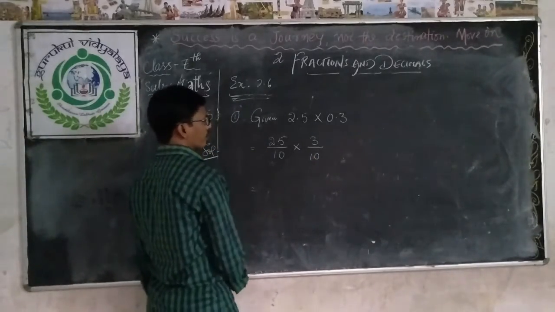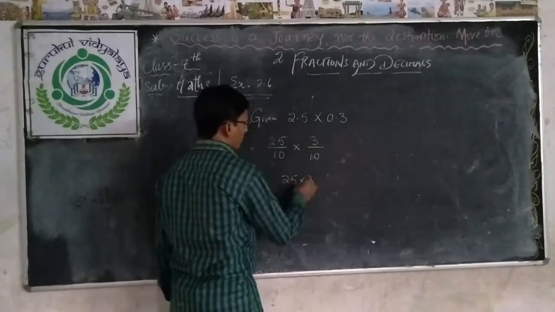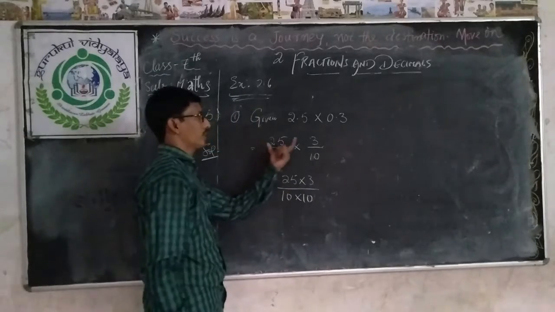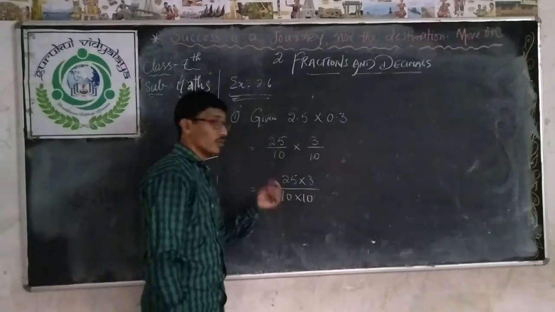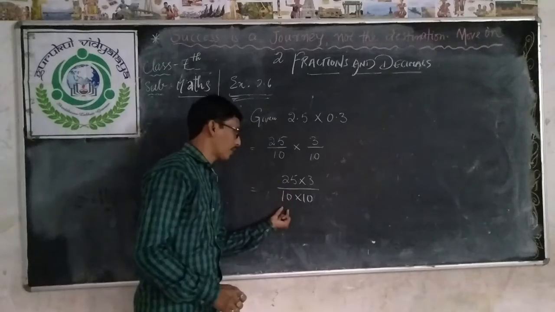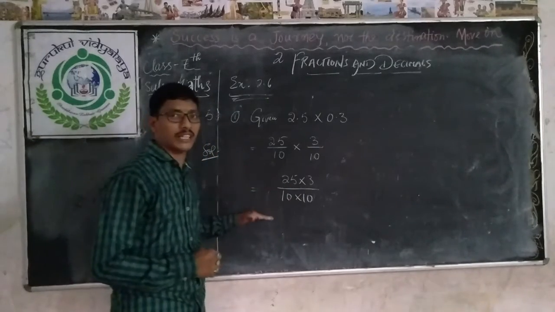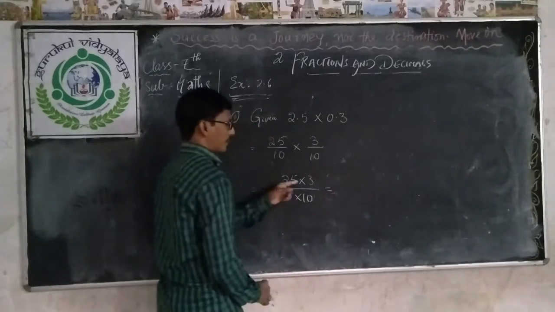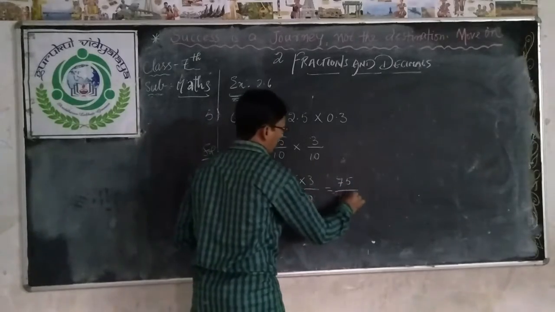That is equal to 25 into 3 by 10 into 10. Multiply both the numerators and both the denominators. Here, don't do the cancelling, because you have to show this answer in the decimal way. 25 times 3 is 75, and 10 times 10 is 100.